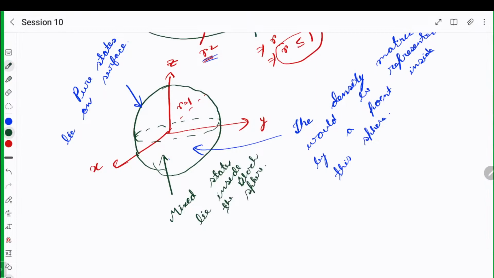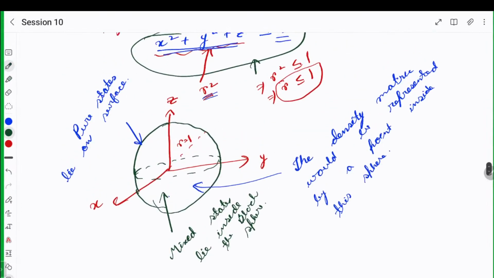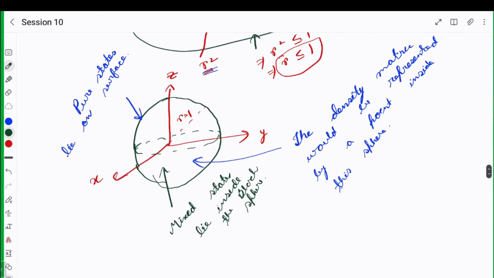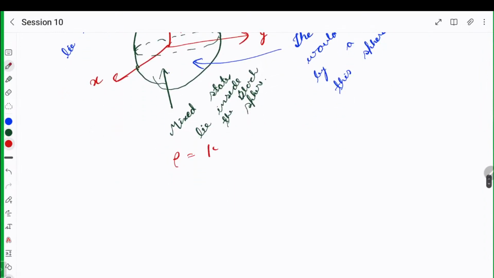And in fact, this is something that you can prove. How do you write the density matrix for a pure state? So rho is like |psi><psi|. For a pure state, the density matrix is also a projector, so rho squared equals rho.